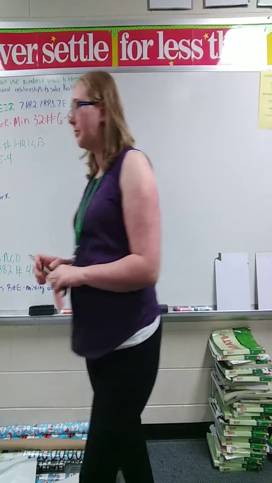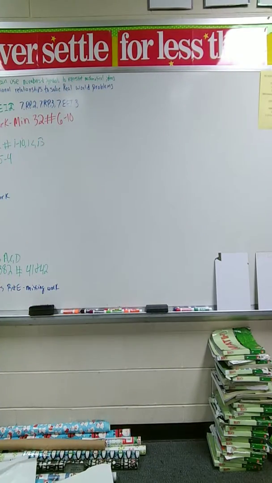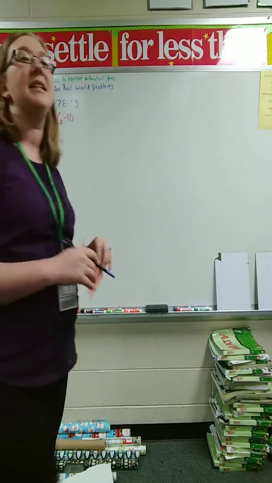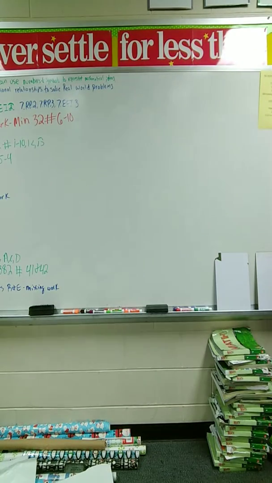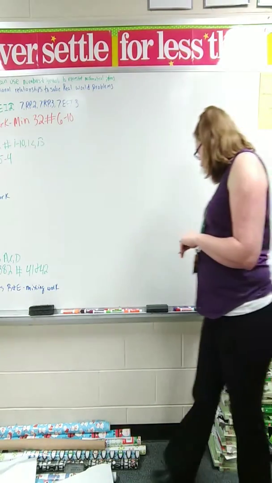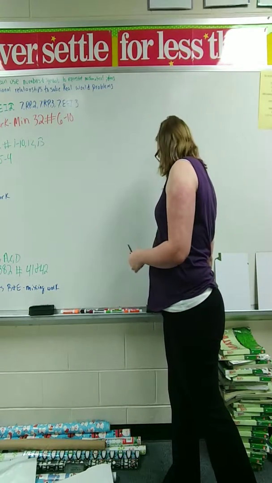So, we're taking a number or a term that's outside a set of parentheses, and we're going to multiply it by everything that's inside. Let's look at what that actually looks like.